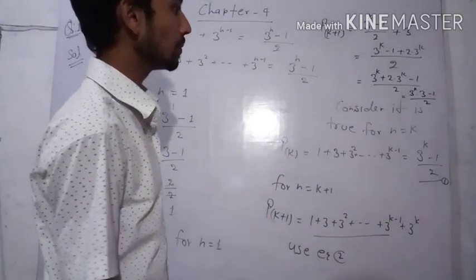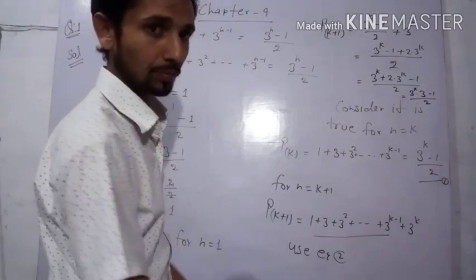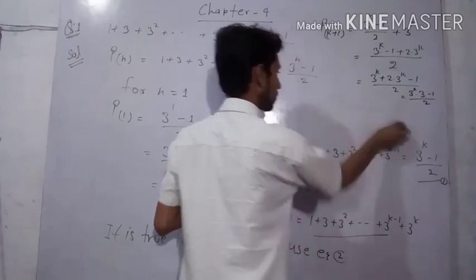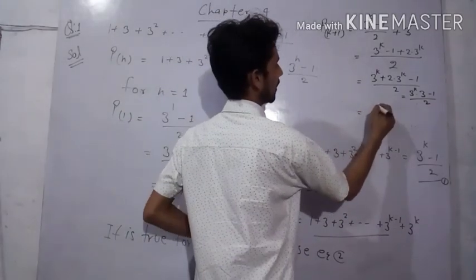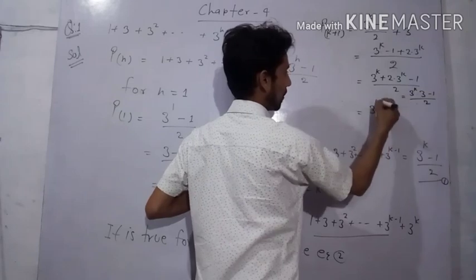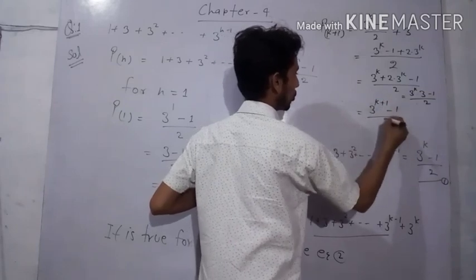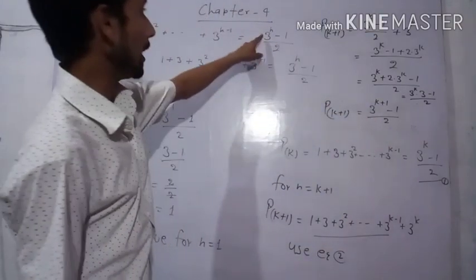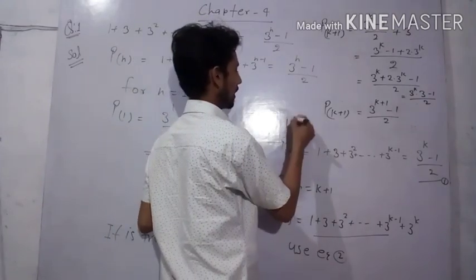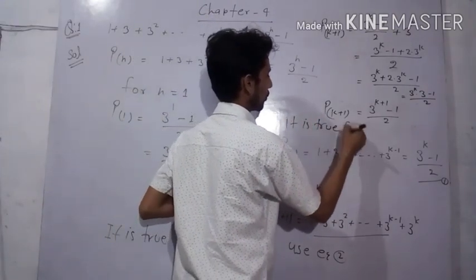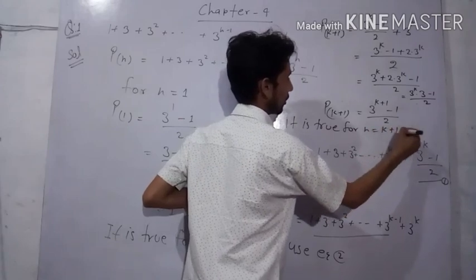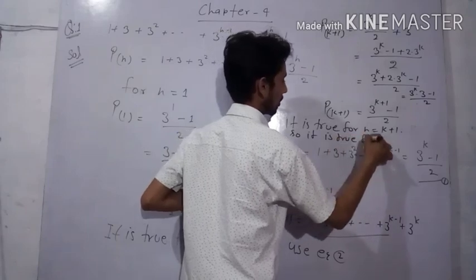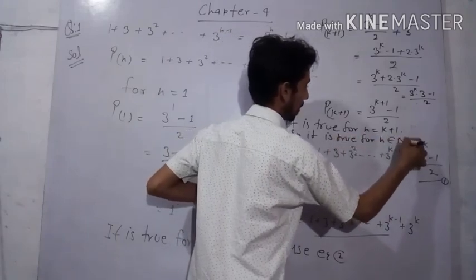So that is equal to 3 exponent k plus 1 minus 1 upon 2, since in multiplication the powers will be added. That is Pk plus 1. So it is true for n equals to k plus 1. So it is true for n belongs to natural number.